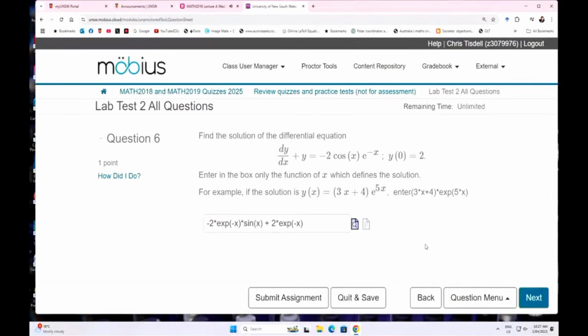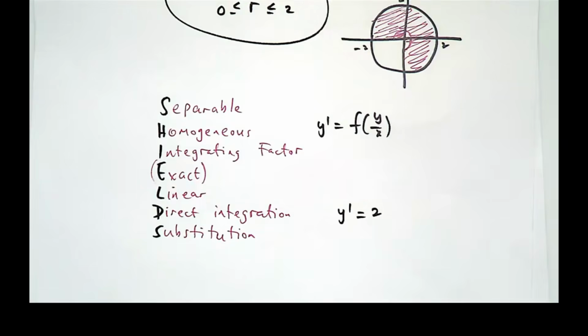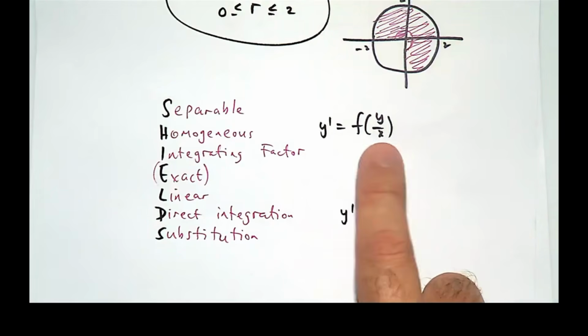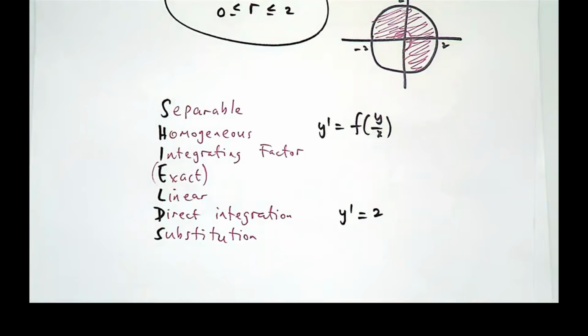Linear. It's definitely linear. Is it homogeneous? Can I write it like this? For everyone at home, can I write the differential equation as this? Well, let's have a look.